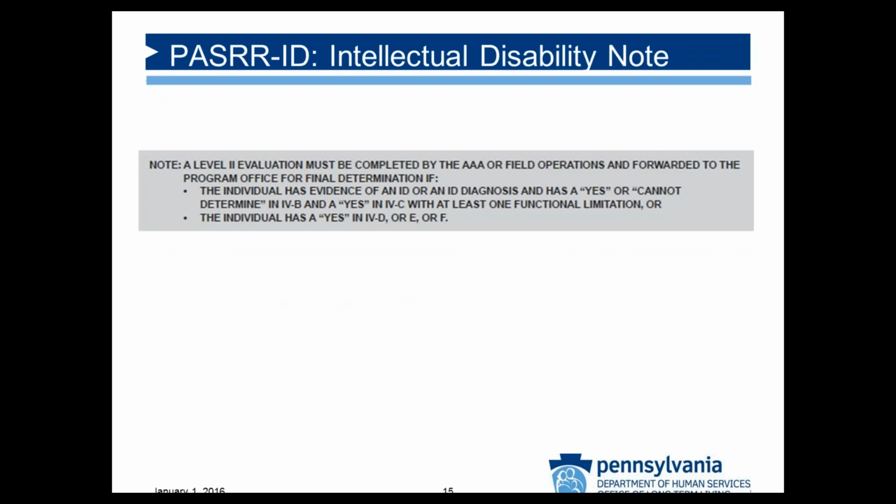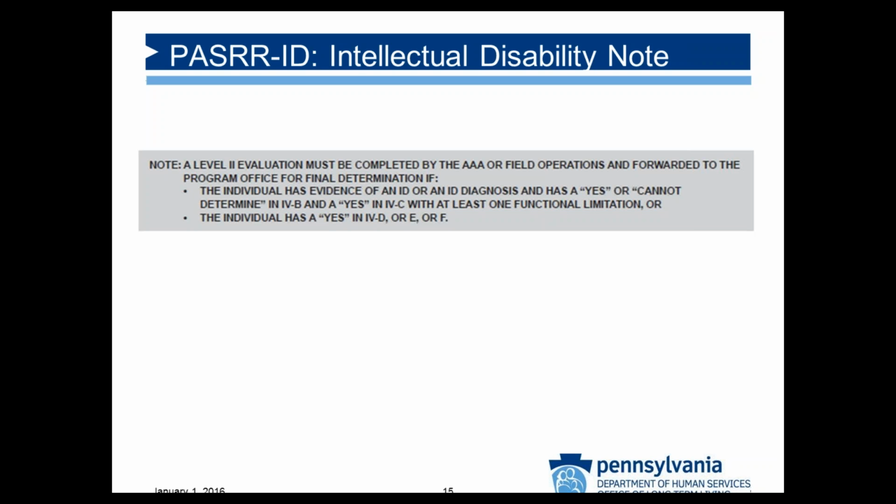And then the note section, once again, now on the form is going over the criteria that must be met in order to have a level 2 assessment done. And like I said, the individual must have evidence of an ID or an ID diagnosis. So at 4A, you must have a yes.